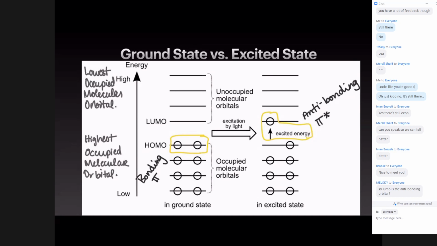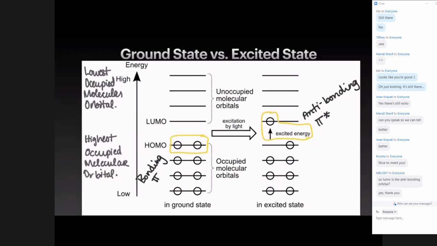So you're going to go from the highest occupied molecular orbital into the lowest unoccupied molecular orbital. So on the left, you'll see the bonding, pi bonding, and then on the right, you'll see the anti-bonding. So that's pi star. Does that answer your question? Yes, okay. Thank you very much.